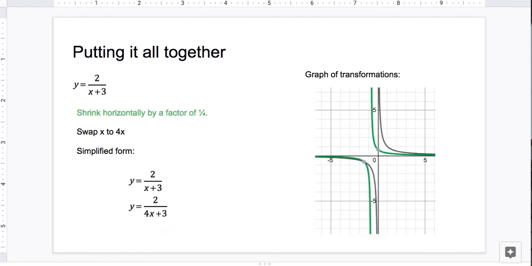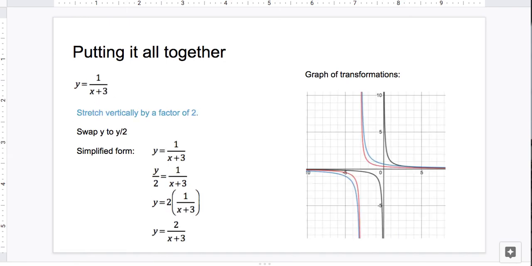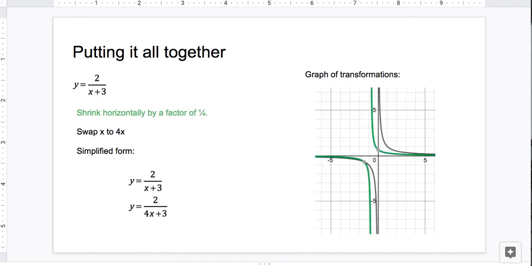All right, I'm going to delete some of the old graphs now so that we can see. Again, black is the original. So now I'm going to take 2 over x plus 3, which was that blue graph, and I'm going to shrink it horizontally by 1/4. So I'm going to shrink it in. That means I'm going to swap x to 4x. So I did it, and I get here.